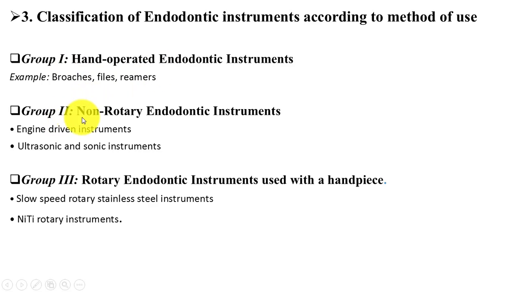The second group is non-rotary endodontic instruments, like engine driven instruments and ultrasonic and sonic instruments. And the third group is rotary endodontic instruments used with a handpiece, like slow speed rotary stainless steel instruments and NiTi or nickel titanium rotary instruments. You will know all about all of them.